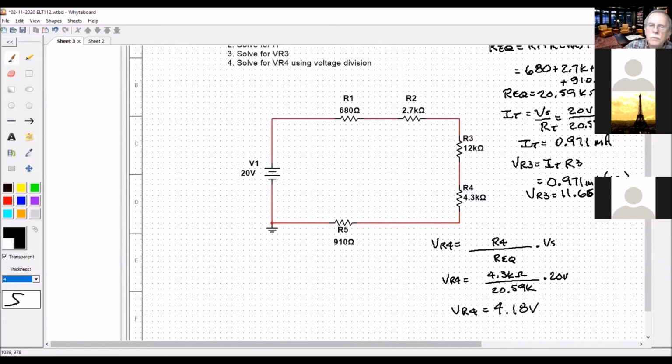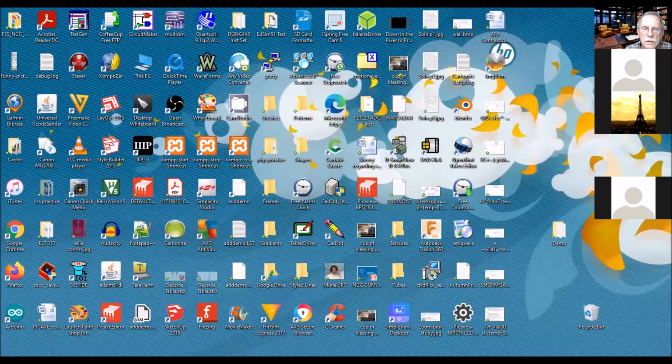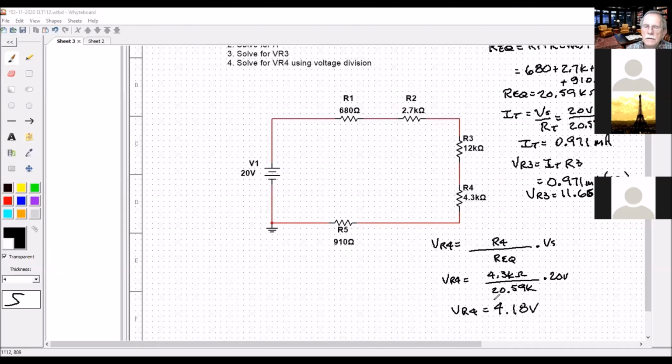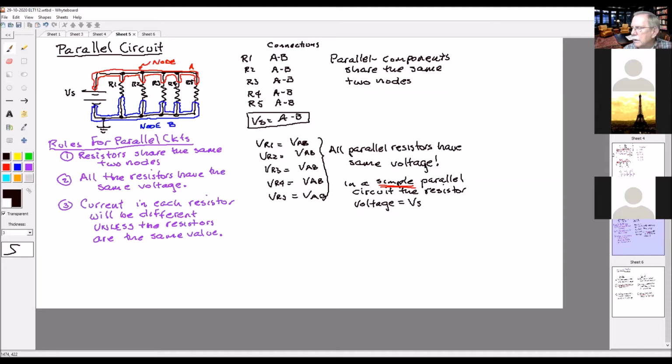And last class when we left off, let me go back to that one for a second. We had started working on parallel circuits.